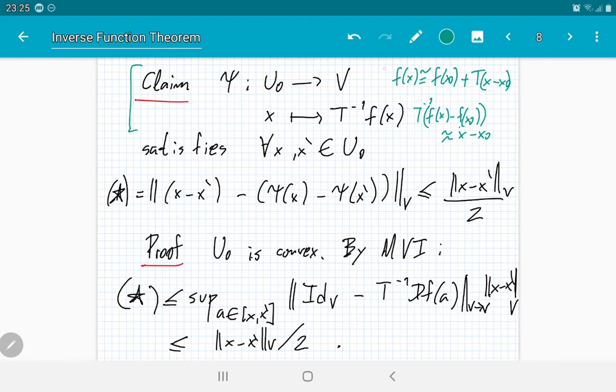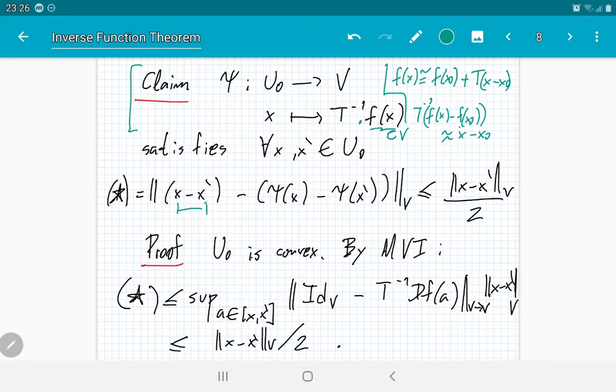Now define this function here, psi, that maps t to t minus 1 times f of x. This is well defined because, for any x element of v, this is a linear transformation from v to v, so everything here is fine. And my claim is that if you look at differences between psi's at different points, and you compare that to the difference between the two points, these two things are very close to one another in the following sense.